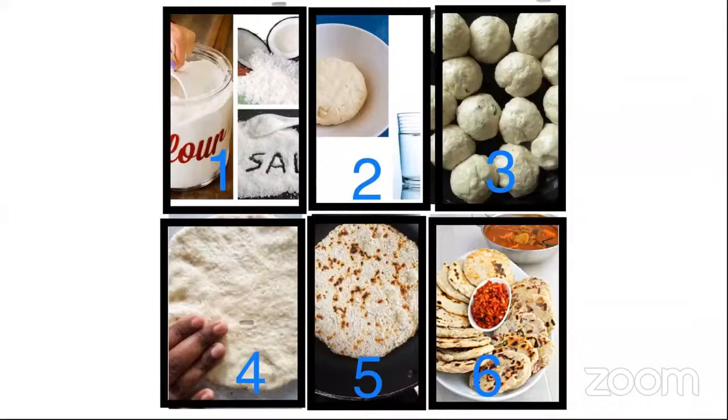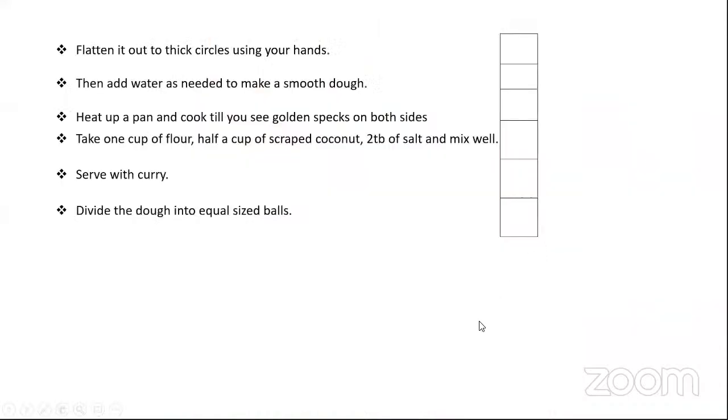Okay, shall we move on to the questions? Just remember the steps, Putes. Let's move on to the questions. What do we have to do from this one? Here, these are the steps in written form.